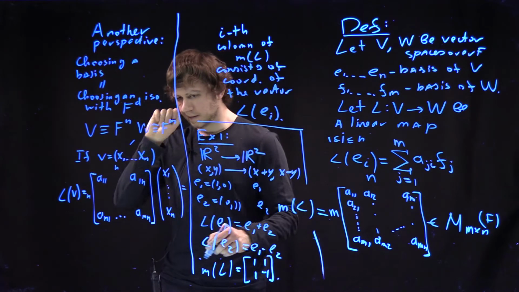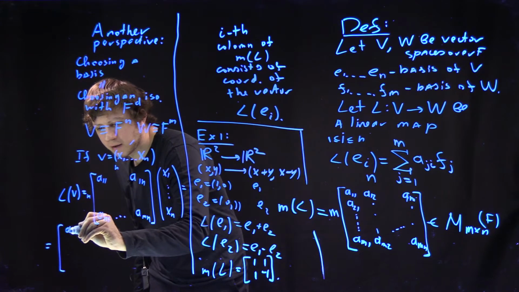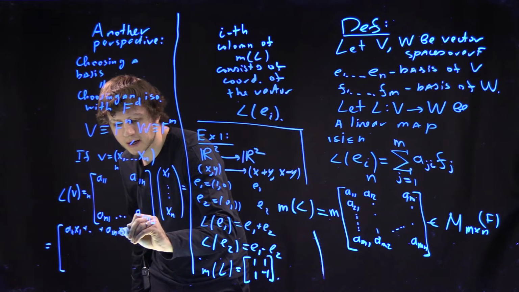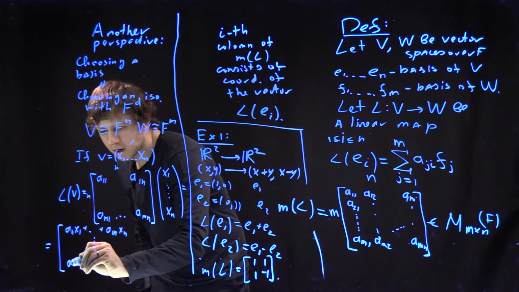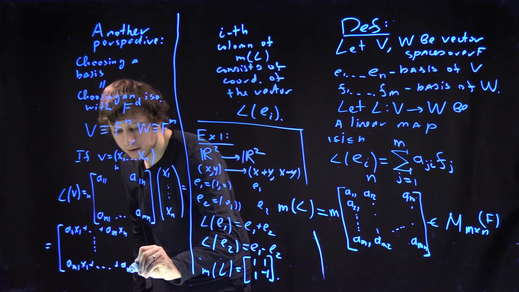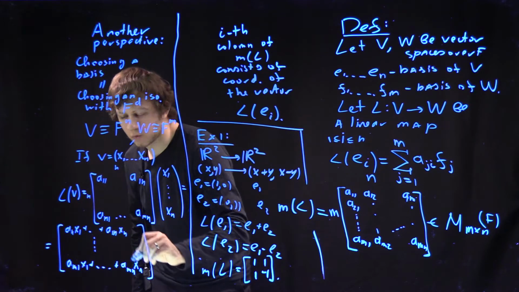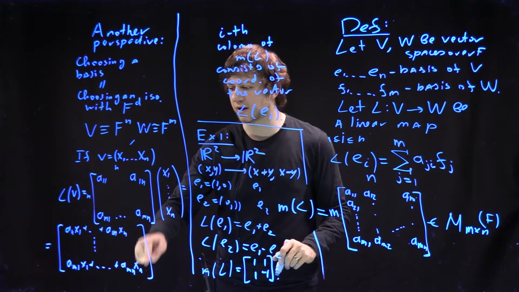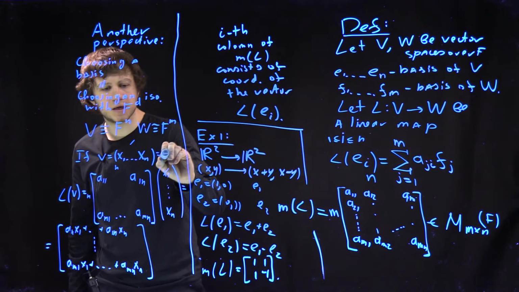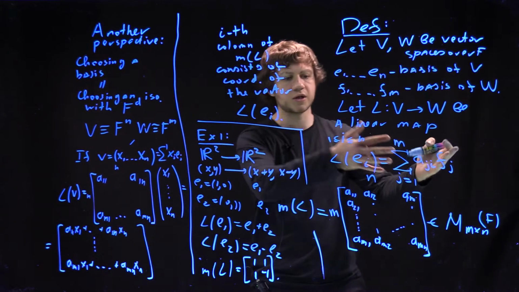If you just multiply, you will get A11 x1 plus and so on plus A1n xn, up to Am1 x1 plus and so on plus Amn xn. Then you want to see that this vector goes to this vector. You can take this vector, which is nothing but the sum of x_i e_i, and just apply the formula, opening the brackets.